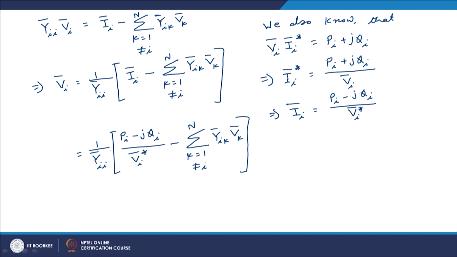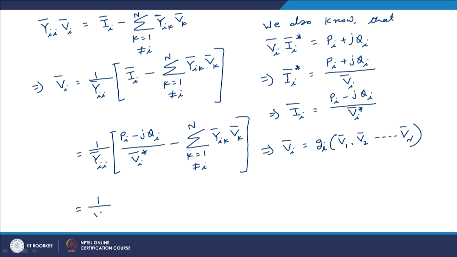So this is the equation for Vi. You can see that this equation is in the form of Vi equal to some function gi of v1, v2 up to vn. So it is exactly in the same form as we considered in the basic Gauss Seidel numerical method.